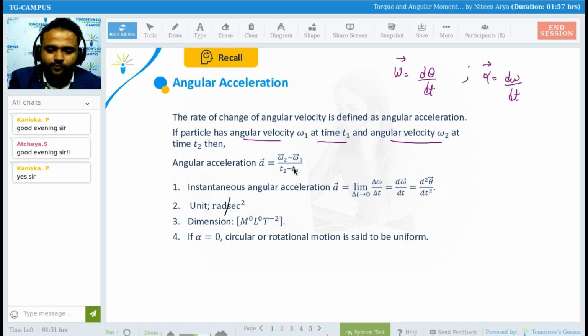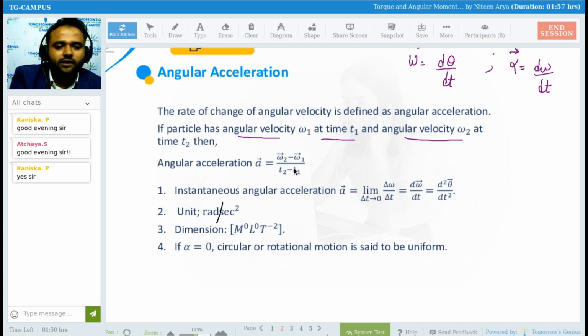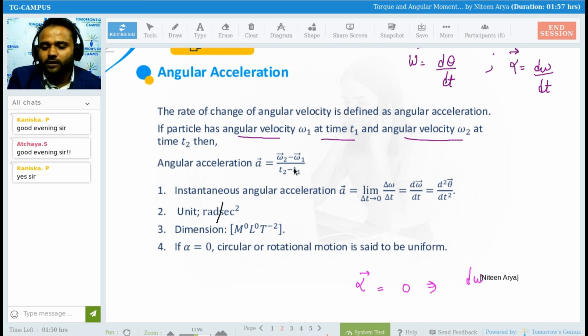If alpha is 0, circular or rotational motion is said to be uniform. What does it mean? It is very easy to understand. If angular acceleration is 0, then d omega by dt is 0, because alpha is the rate of change of angular velocity.